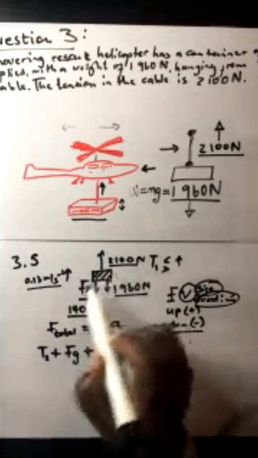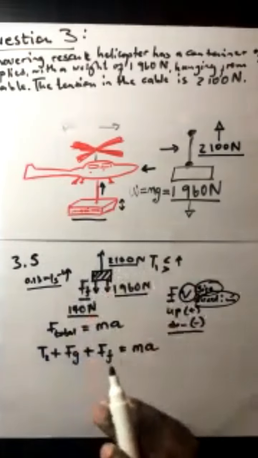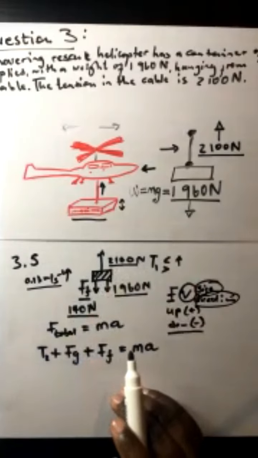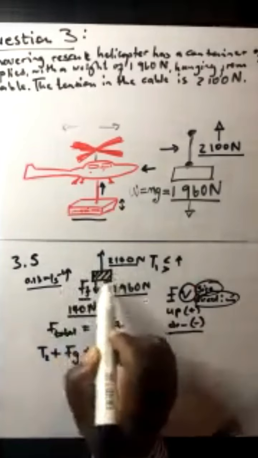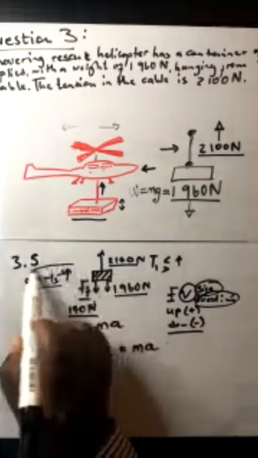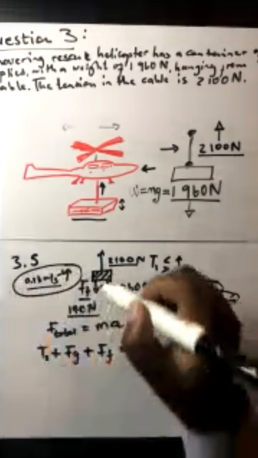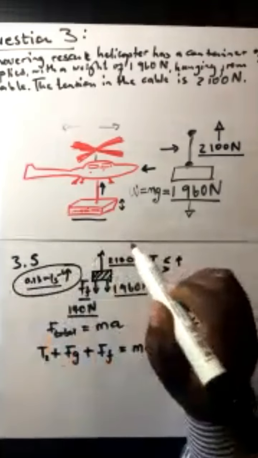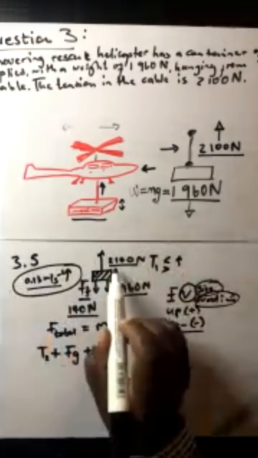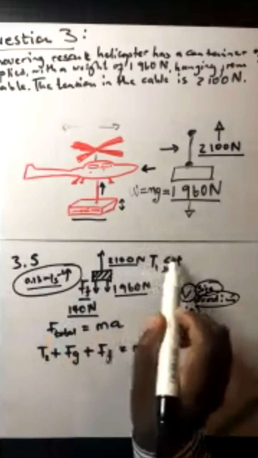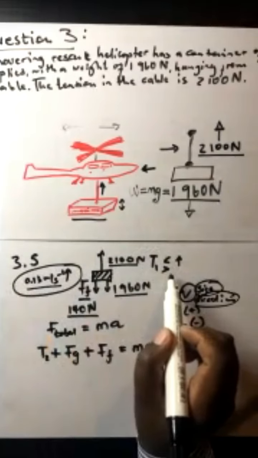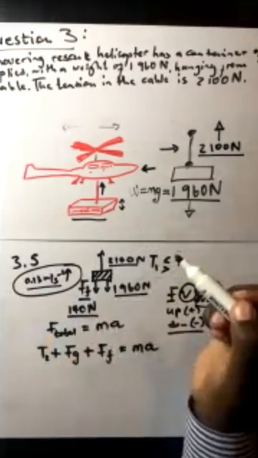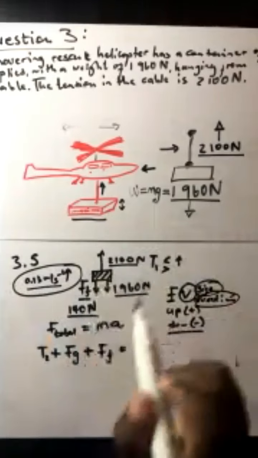So this object is not moving. Then as we continued with the questions, they said this container is moving at that acceleration. Since it's moving, I asked if the tension is going to be the same, greater than or less than. They said it's going to be greater than. Why? Because now this object is moving.